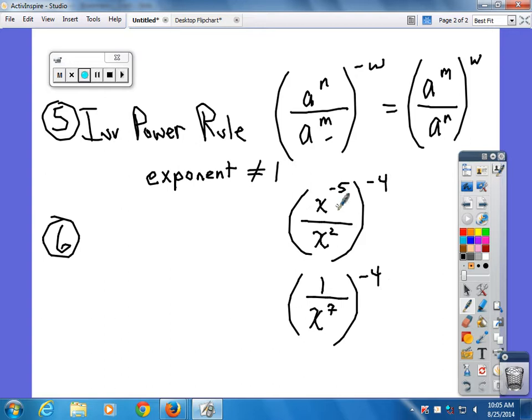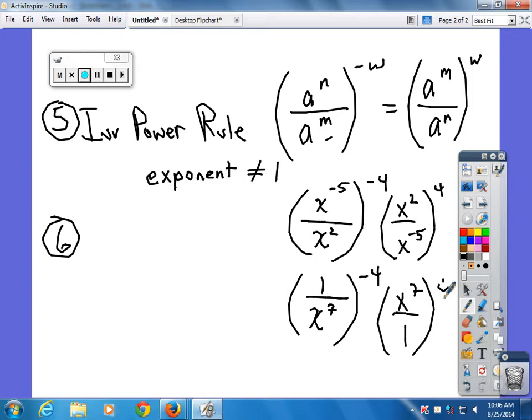If you flip these, you get x to the 2nd over x to the negative 5th raised to the 4th power. If you flip these, you get x to the 7th over 1 raised to the 4th power. Either way, you're going to get the same answer. And that's the good thing about the rules of exponents. You're going to get the same answer no matter what, if you do everything correctly.